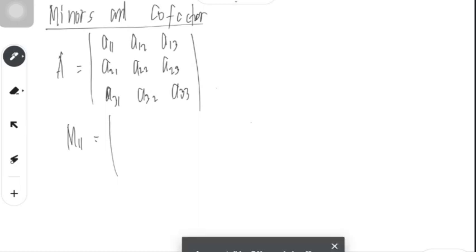Tanggalin natin yung row containing A11. Tanggalin natin yung column containing A11. Anong matitira? Yun pong A22. A22, that's correct. Then A23, that's correct. A32, A33. Yan yung minor 11.